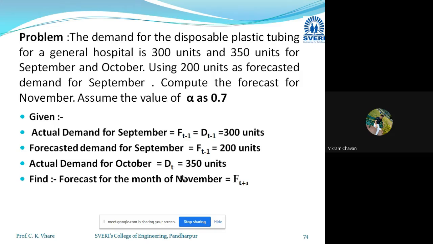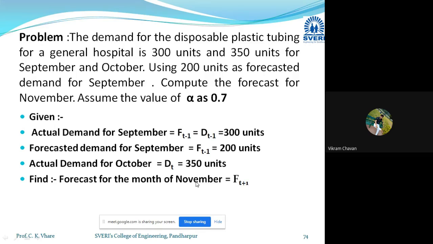We considered the actual demand for the September month as D suffix t minus 1, equal to 300, and the forecasted demand for the September month as F of t minus 1, equal to 200 units. First of all we want to determine the forecasted demand for the month of October, so that we can determine the forecasted demand for the November month.